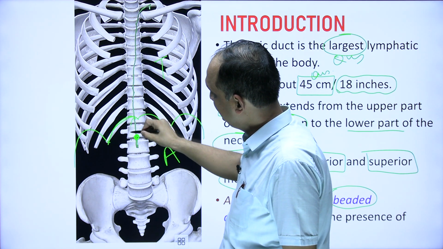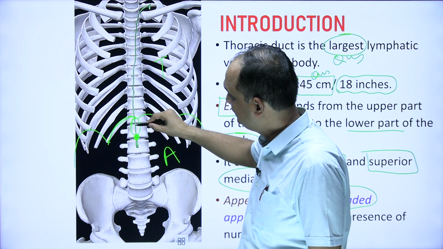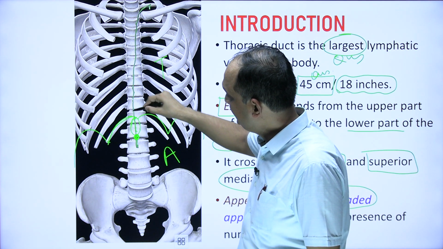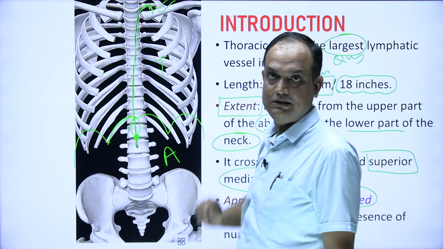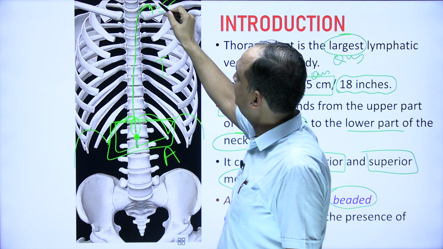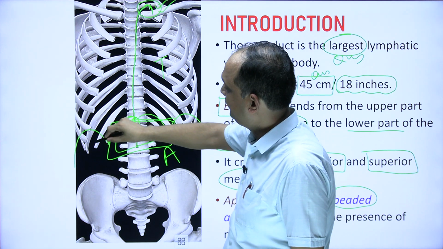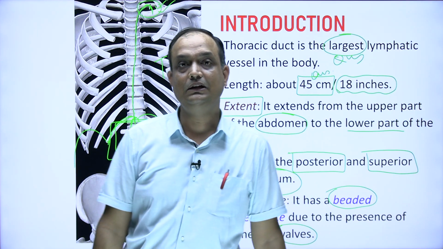So, it starts in the lower part, below the diaphragm, enters into the thorax, and then reaches this part of the neck. So, from the upper part of the abdomen till the neck, you have a 45 centimeter long duct which is known as the thoracic duct.